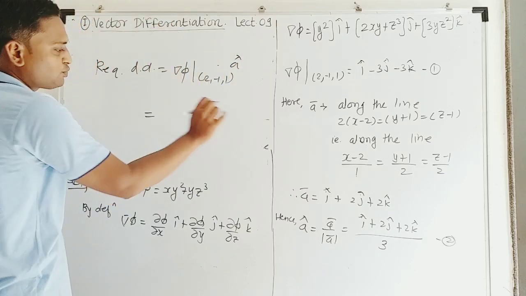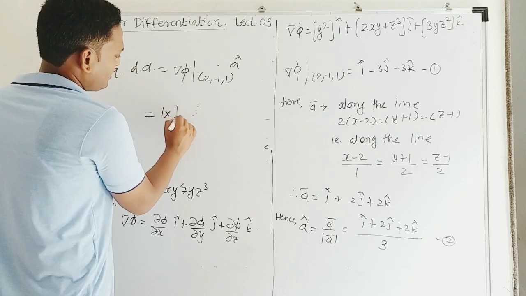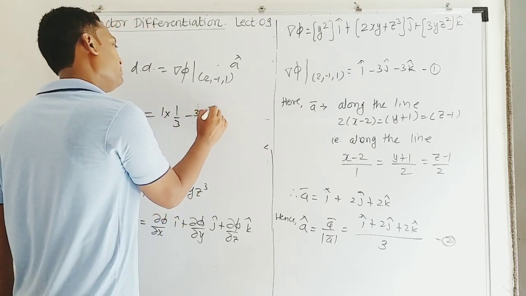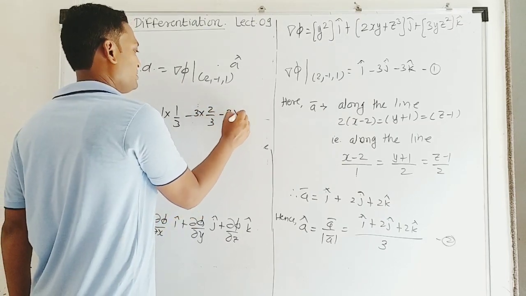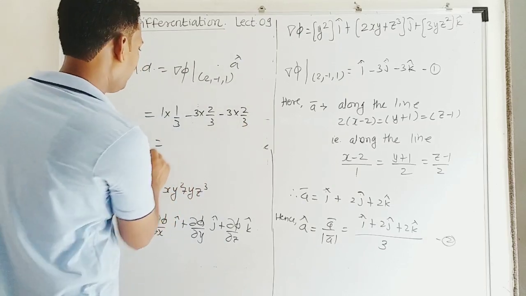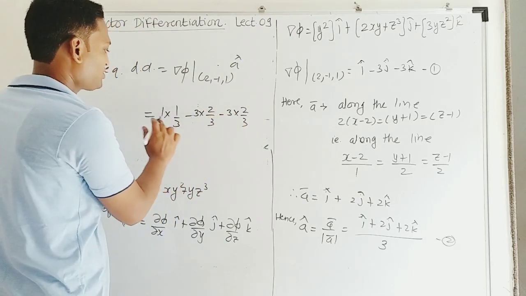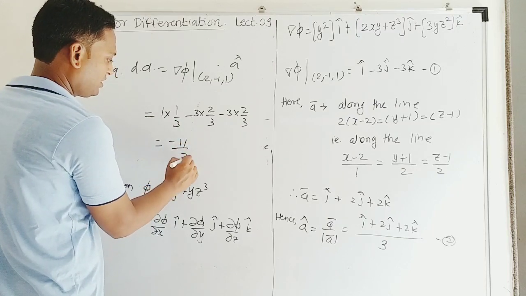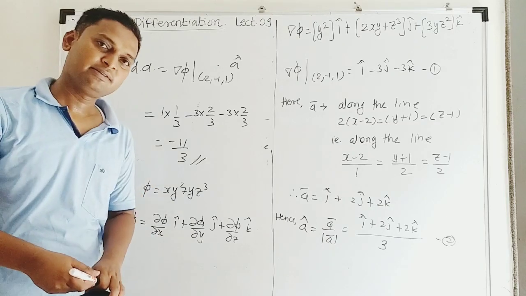So by using equation 1 and 2, we'll get the dot product as 1 into 1/3, minus 3 into 2/3, minus 3 into 2/3. Finally, this will be equal to (1 - 6 - 6)/3, which is -11/3. So the final answer of the directional derivative is -11/3.